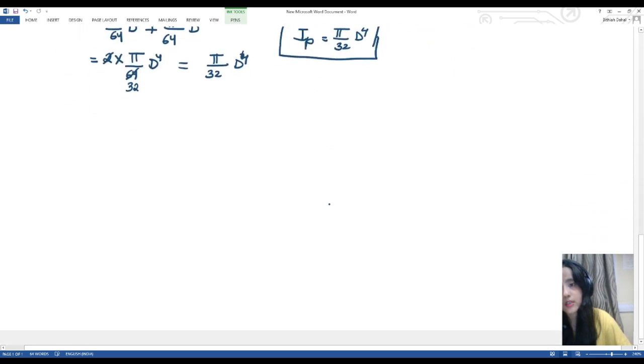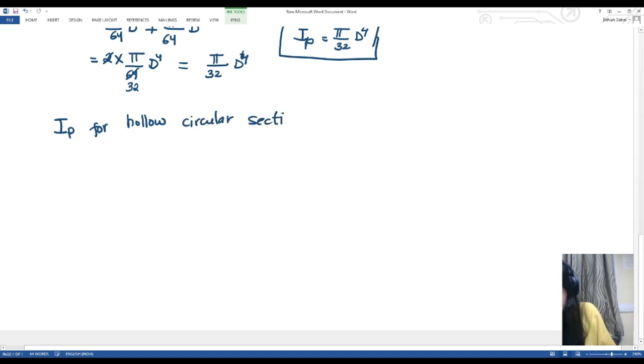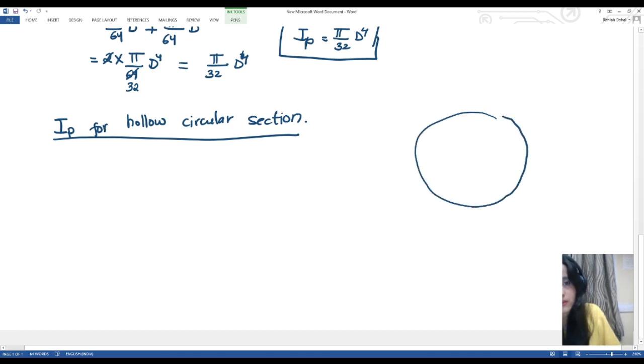Now let's see the polar moment of inertia IP for a hollow circular section. Let's draw the hollow circular section. It's going a little random, but I hope you understand.